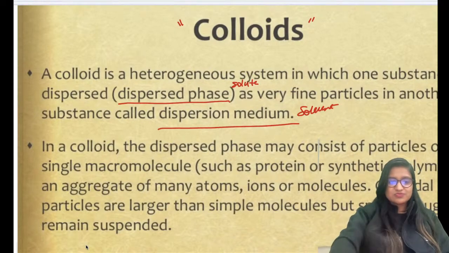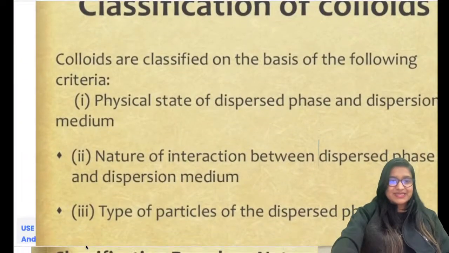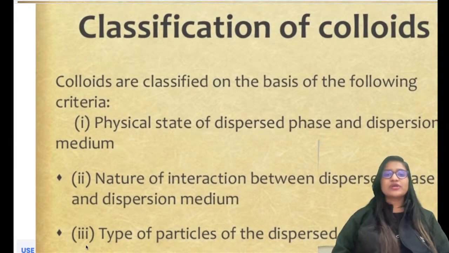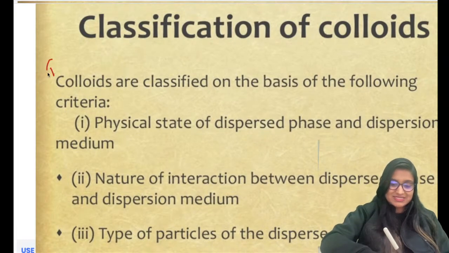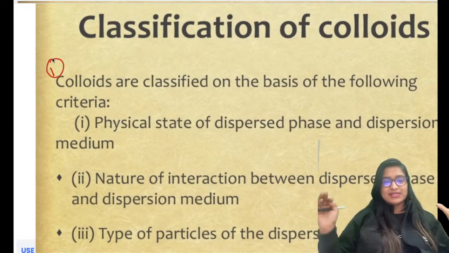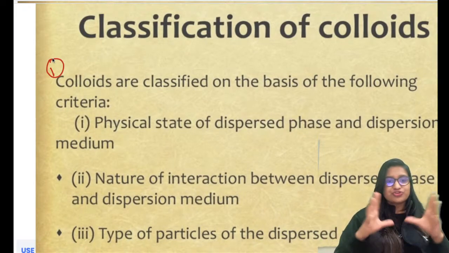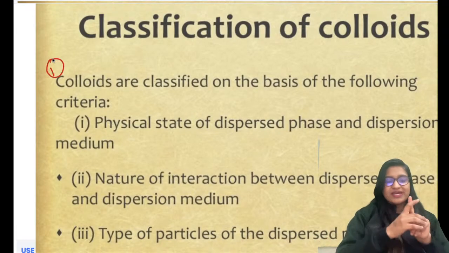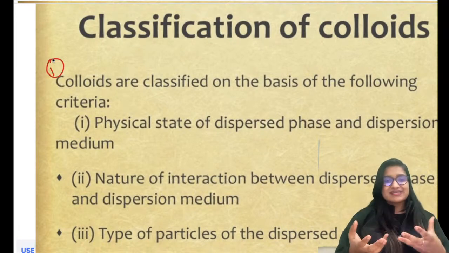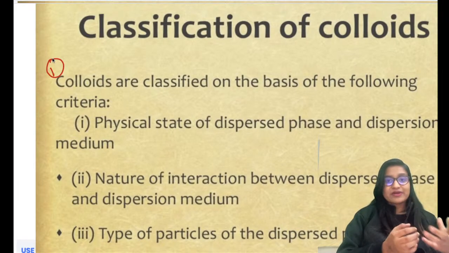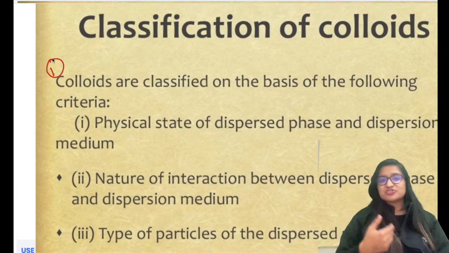Okay, let's move ahead. That is your classification of colloids. The next thing is how can you classify the colloids. First of all, there are 3 ways by which you can classify colloids. The very first is the physical state, like what is the dispersed phase, whether it is solid or liquid or gas, and what is the dispersion medium.